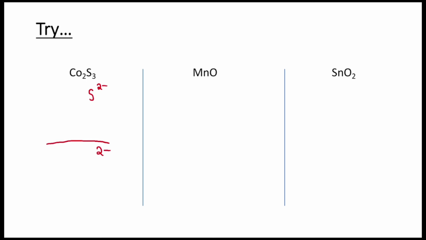Now we have 2 cobalts, as told by the subscript, and this needs to balance out to a 2+ charge. Meaning, in order to get a 2+ split between those 2 cobalt atoms or ions, we need an overall 1+ charge. So 1 plus 1 gives us an overall 2+, meaning that the name of this is cobalt(II) sulfide.